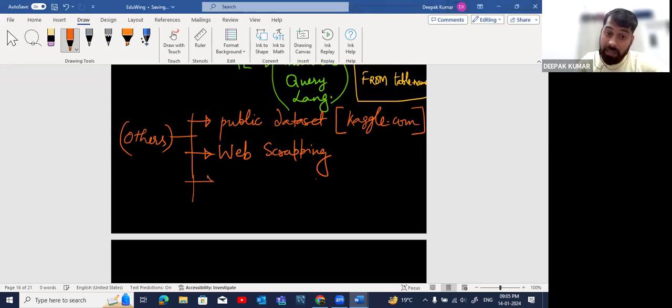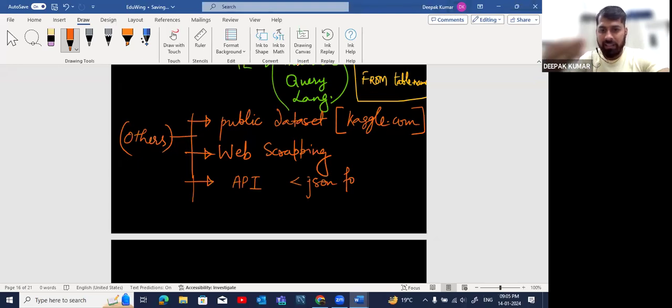We also use APIs, application programming interfaces, like FastAPI, where data comes in JSON format. You might see .docs, .excel, .pd, that's a pandas data frame. Similarly, we have JSON format, .json, JavaScript Object Notation.